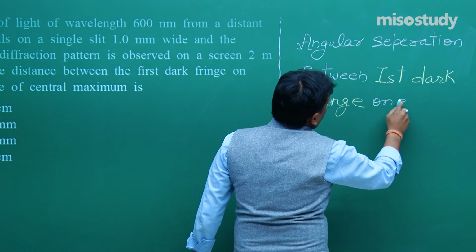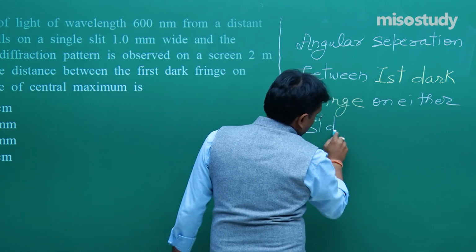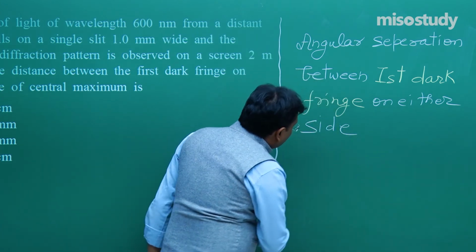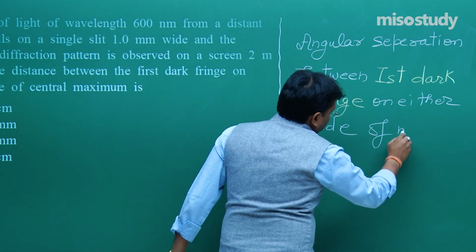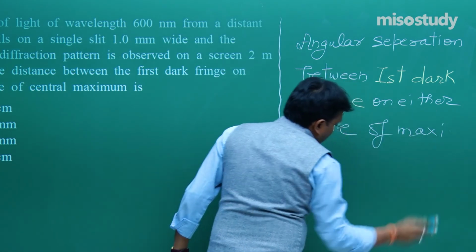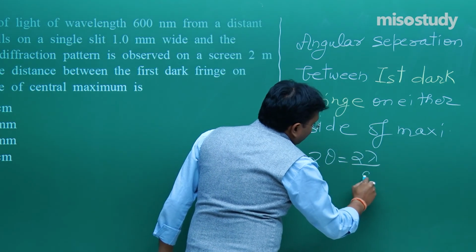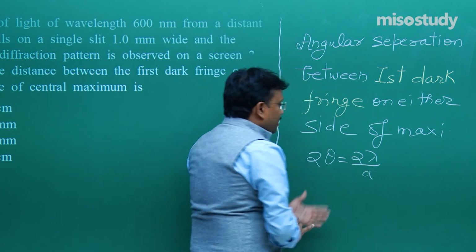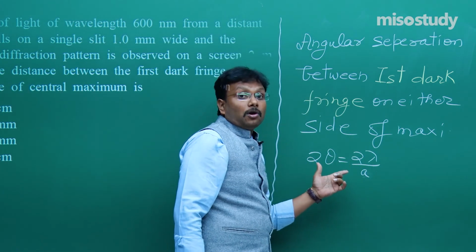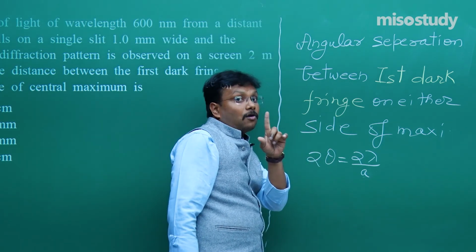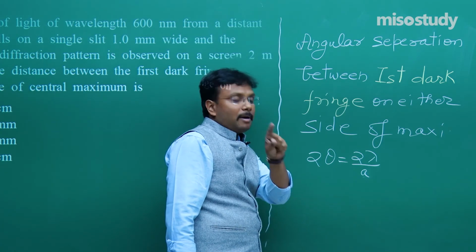It is 2 theta equal to 2 lambda upon a. Basically, this formula I used in the previous video also, so it is a repetition of that concept just to emphasize that the important aspect is remembering the formula.